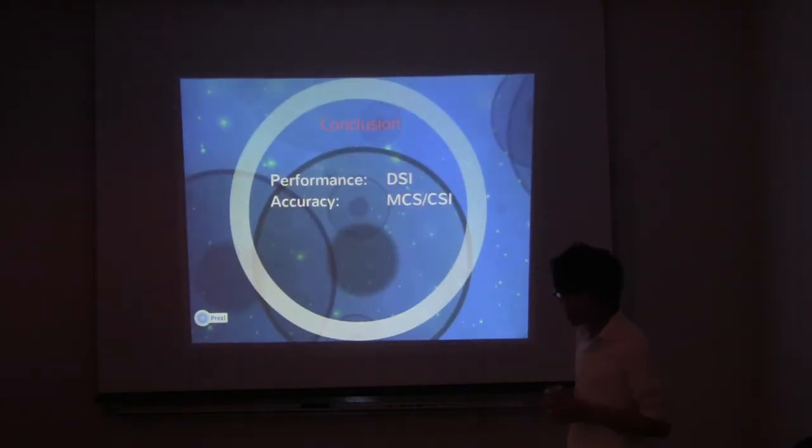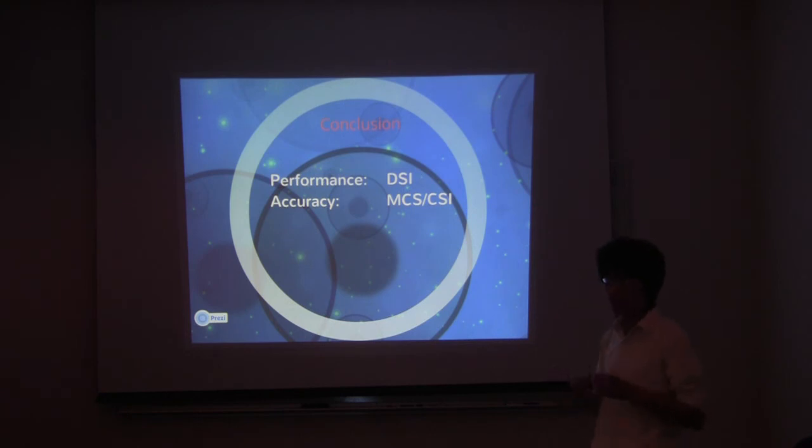Overall, in conclusion, as far as performance goes, DSI would probably be the best bet because of how it represents similar substructures in the patterns only once, so it does not have to go through each and every pattern in the database individually. As far as accuracy goes, DSI, like I mentioned, is not able to figure out exactly whether the pattern graph is a supergraph of the input graph.